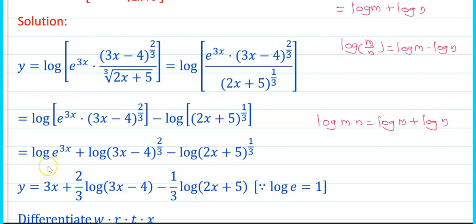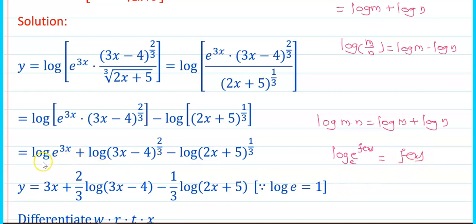Okay. Next, this step is the most important. What is that? Log of e raised to f of x. Log of e raised to f of x is equal to, here the base is e and its answer is f of x.